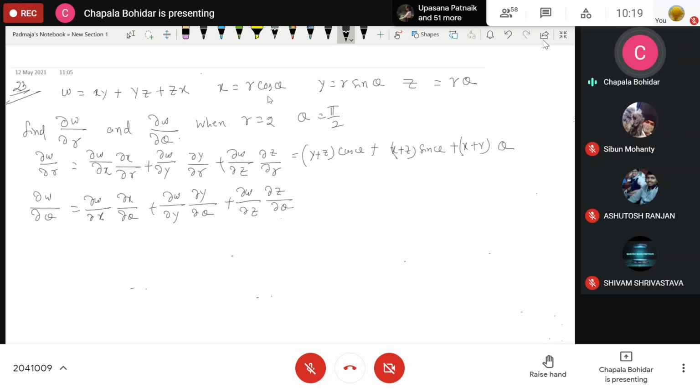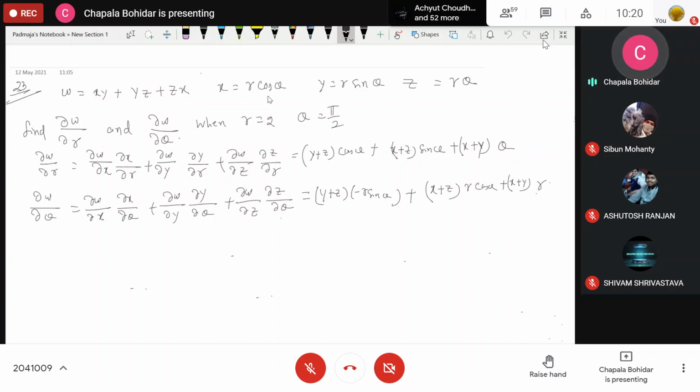Similarly, here it is y plus z, that is your minus r sin theta, plus x plus z, del y by del theta, r cos theta, then plus x plus y, del z by del theta.